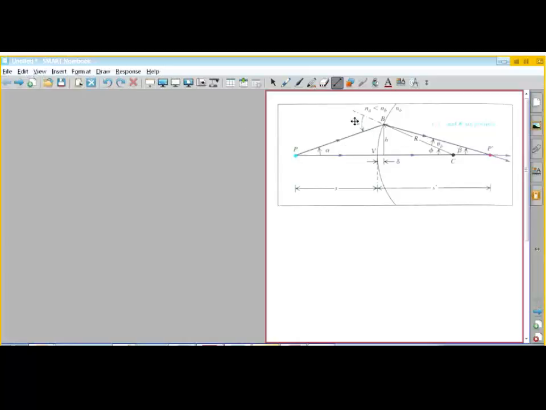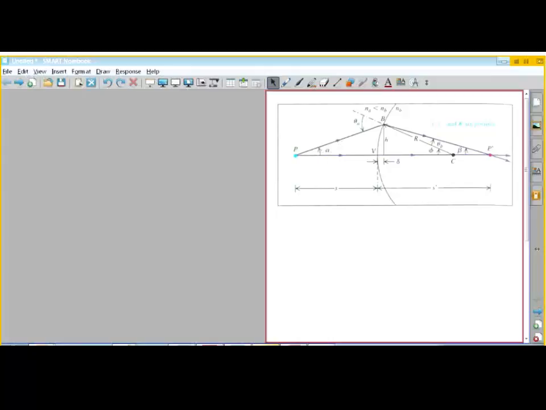Okay, so let's define some angles here. This is theta sub A, the angle of incidence, and theta sub B is the angle between this radial line and the refracted ray. So we can relate these two using Snell's law. Now there are some other geometric relationships.